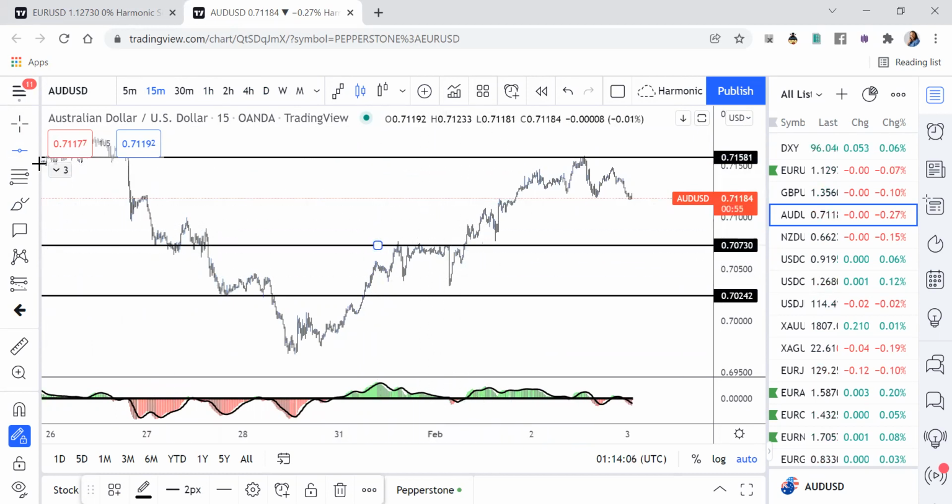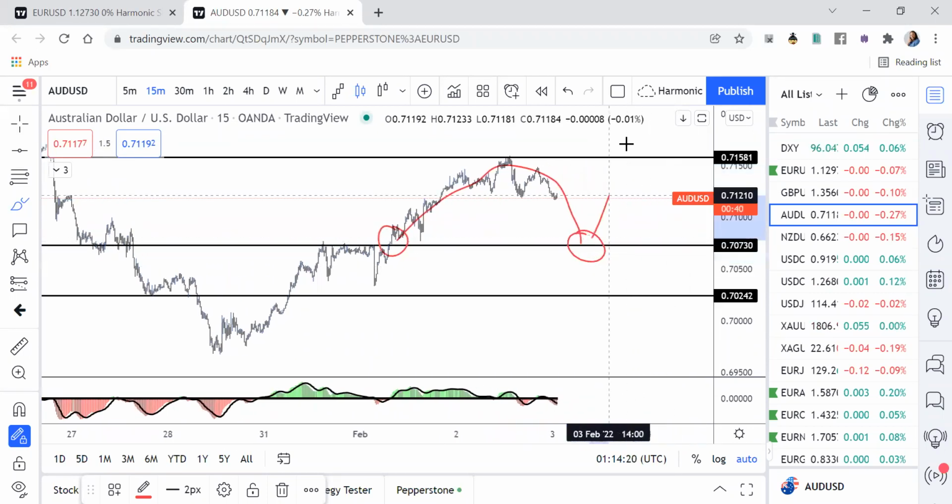So we had a break of structure here, right? Break of structure, breakout, retest, look to long. That is what you're looking for on the 15-minute time frame.